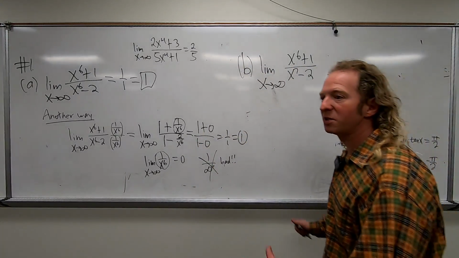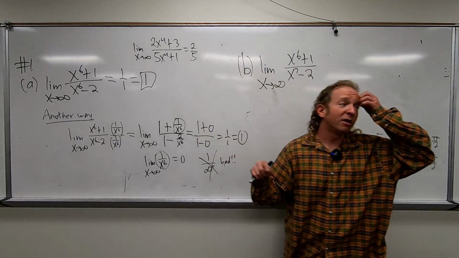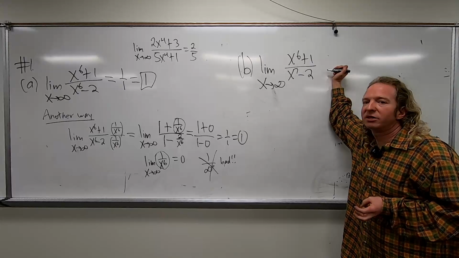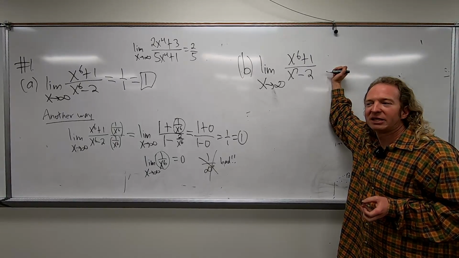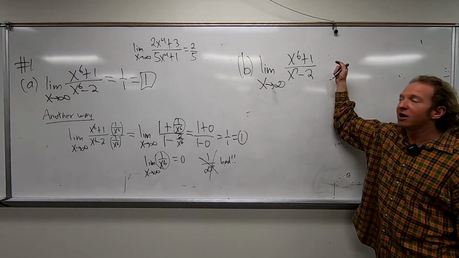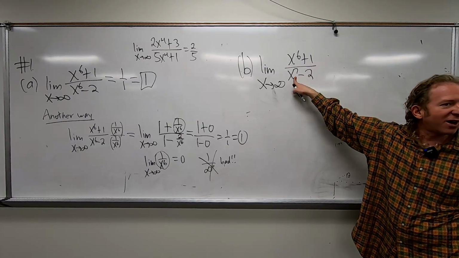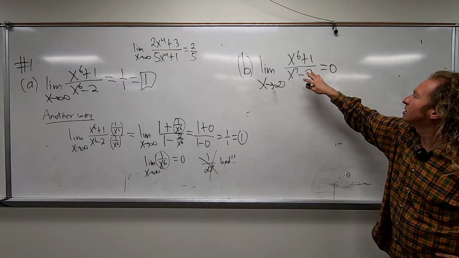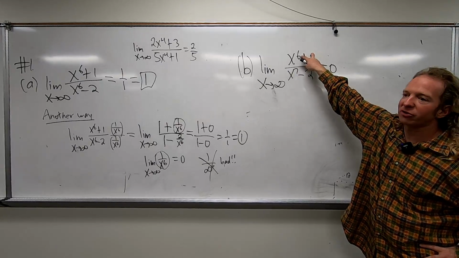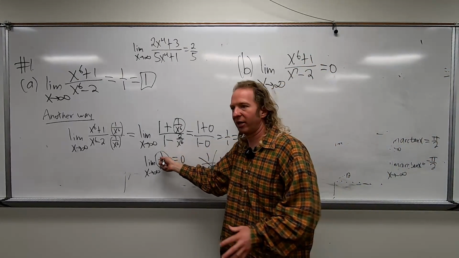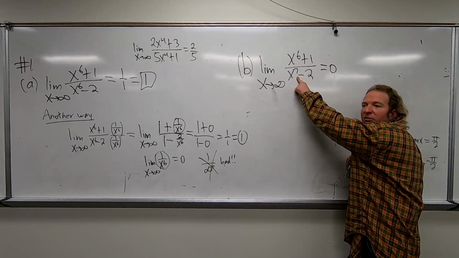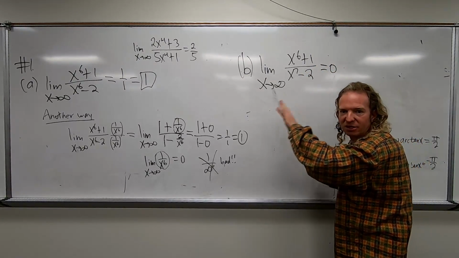So this time the degree is bigger on the bottom. The degree is 7 on the bottom. So the bottom is growing faster. So what do you think the answer would be in this case, if you had to guess? 0, yeah. So whenever the bottom grows faster, the fraction gets closer to 0. So this is 0 in this case, because the bottom is getting bigger faster than the top. So whenever the number is bigger on the bottom, the answer is 0.